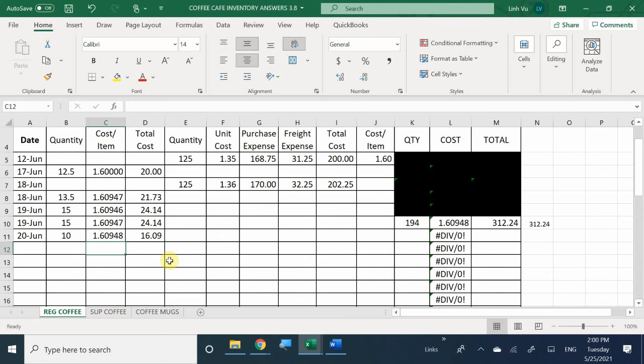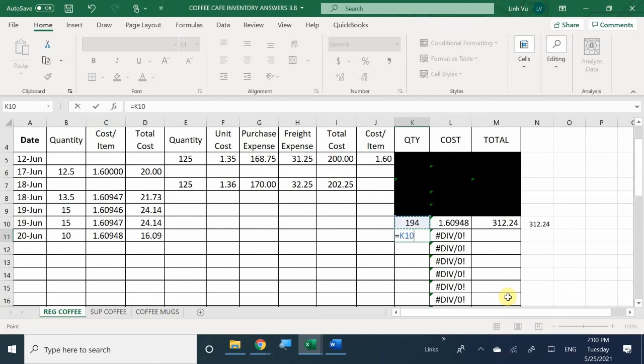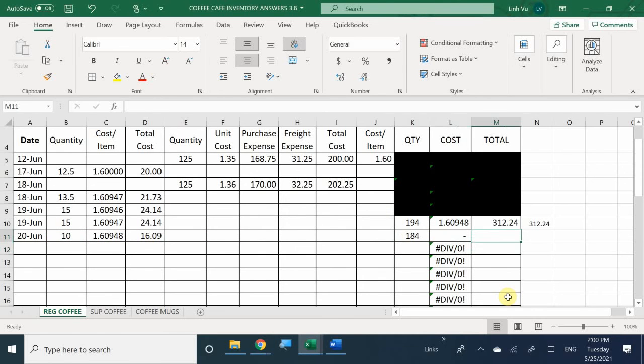And then we have to update our inventory on hand. So our quantity will become 184. And our total will become 261.15, or 296.15, yeah. Okay, that's right.